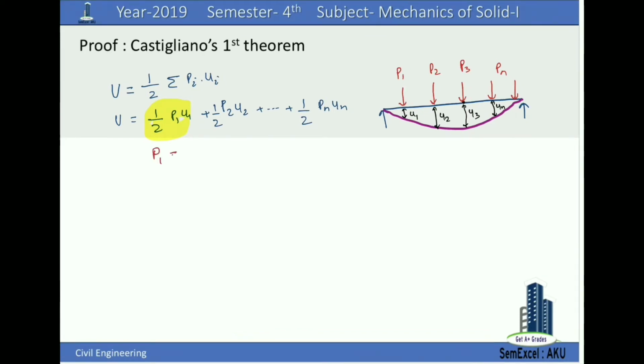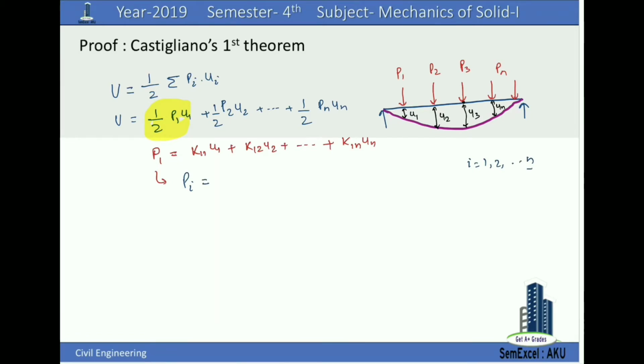Now we can write P1 is equal to K11 U1 plus K12 U2 in the same manner plus K1n Un. Let us generalize this relation as Pi. We can write Pi, where i can be anyone, 1, 2, n.